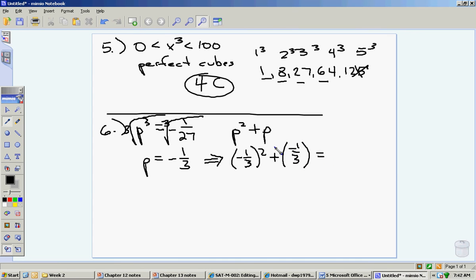Getting a least common denominator or plugging into the calculator, you get... excuse me there, that's not what I get. You get -2/9 there, which is -0.22 as your answer. So I think I misled you there. The correct answer for number 6 is A.